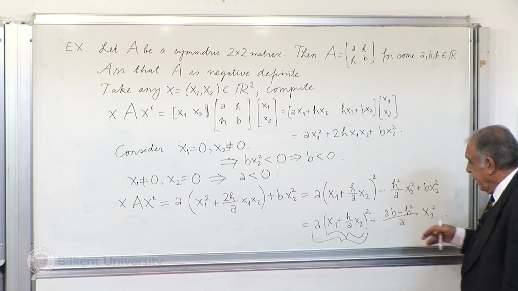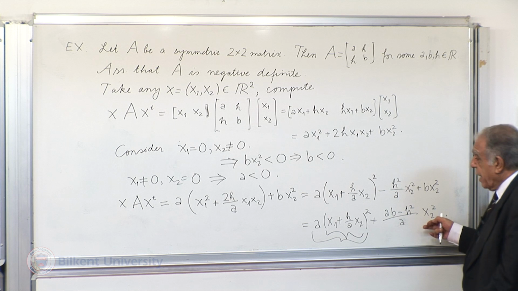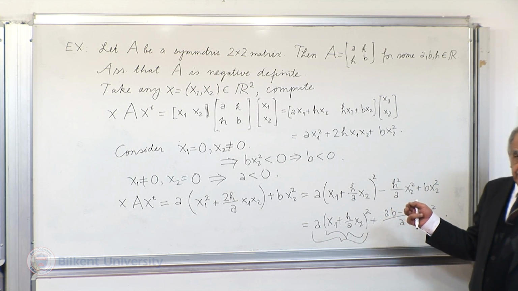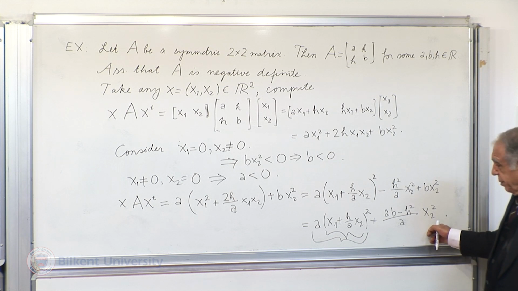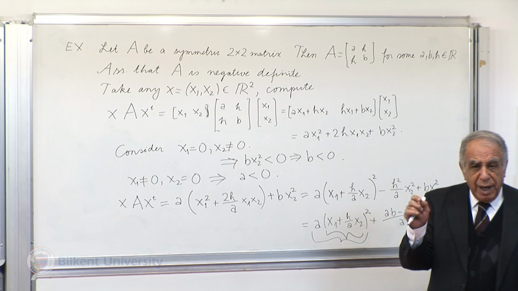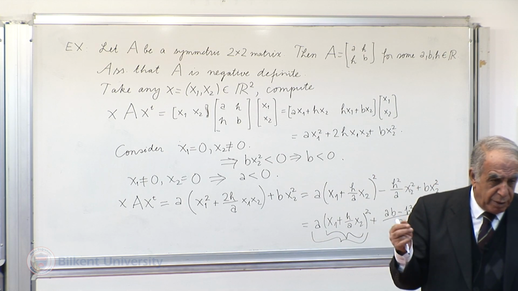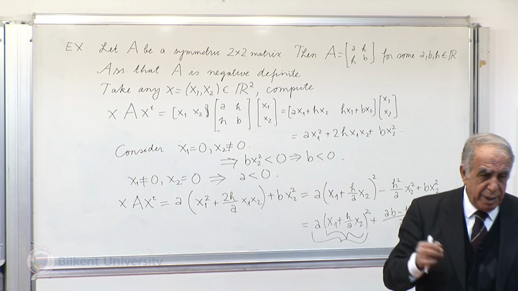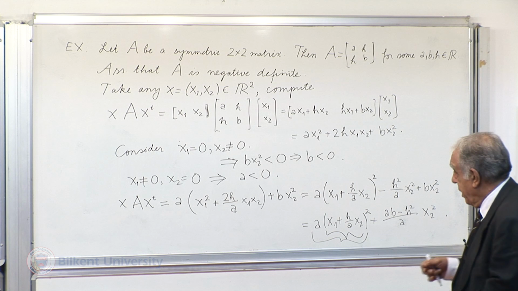Well, if it's 0, x2 will be 0. Okay, then this part will vanish. This will vanish. We will be left with a times x1 squared. But for that to be 0, then x1 has to be 0 as well. So that's not possible.